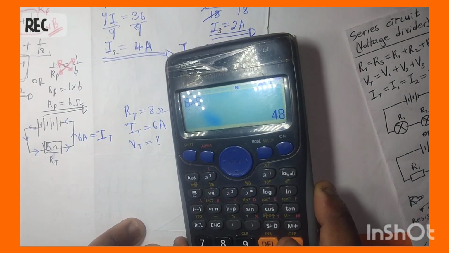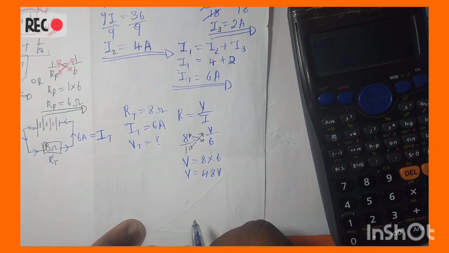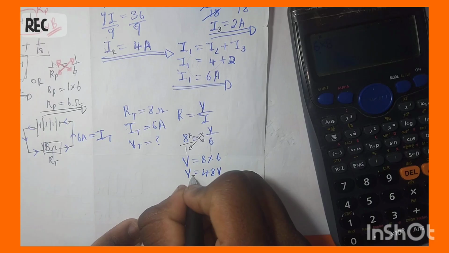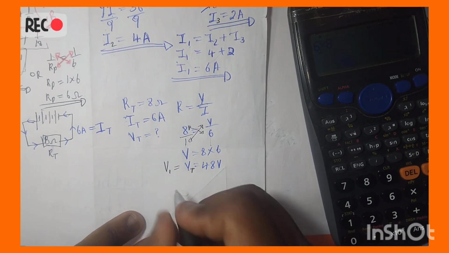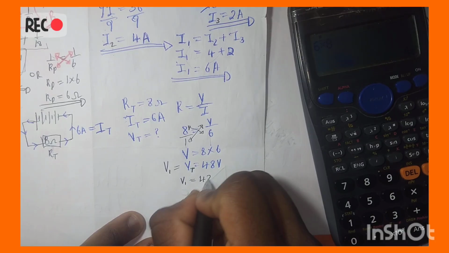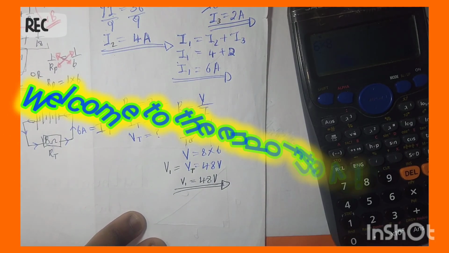This is what you get there, which is 48 volt. And that 48 volt, by the way, is the total voltage, which is also the same as V1. So it means that our V1 is 48 there. Do you see? Yeah.